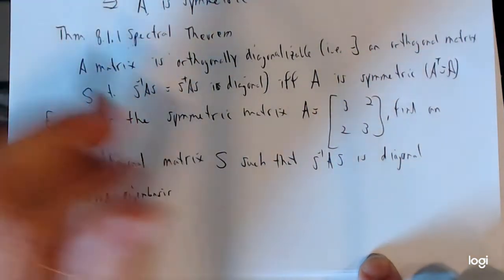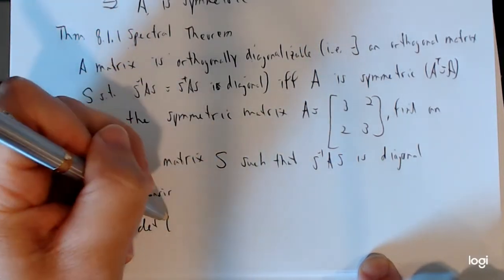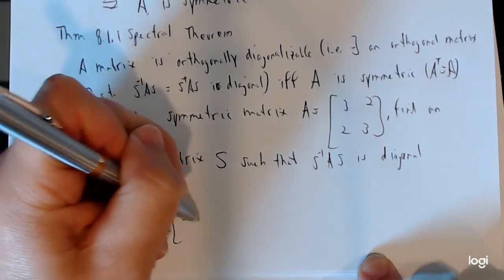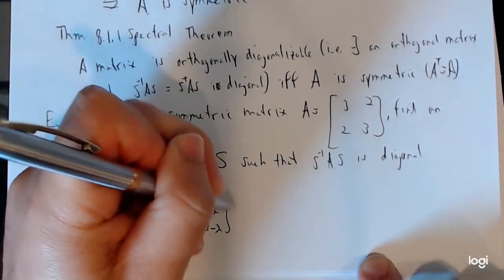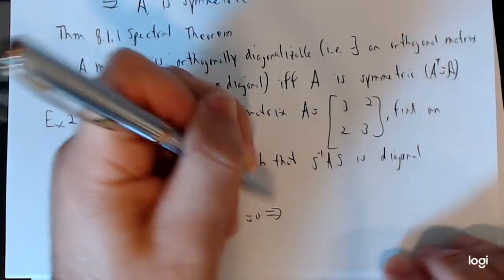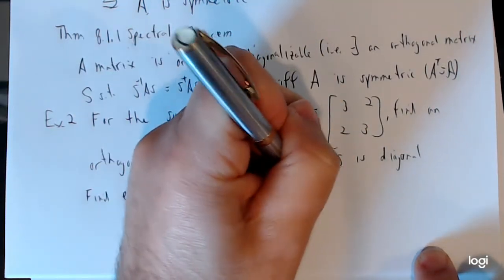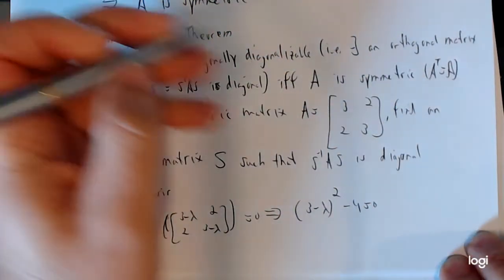Well, we first need to find our eigenvalues. So to find the eigenvalues, we say the determinant of 3 minus lambda, 2, 2, 3 minus lambda has to equal 0, which implies (3 minus lambda) squared minus 4 equals 0.